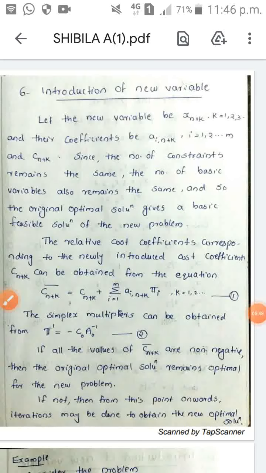If not, then from this point onwards, iterations may be done to obtain the new optimal solution.